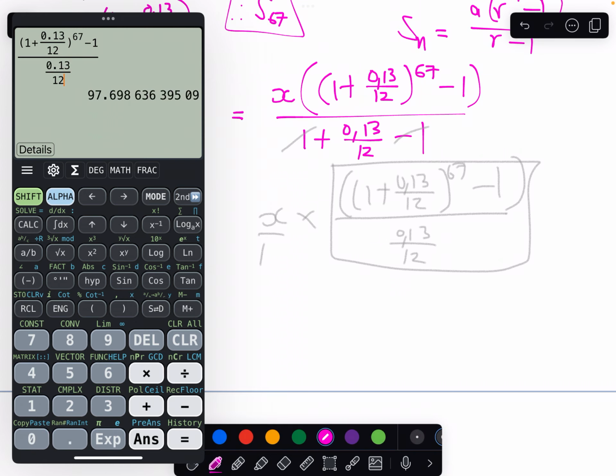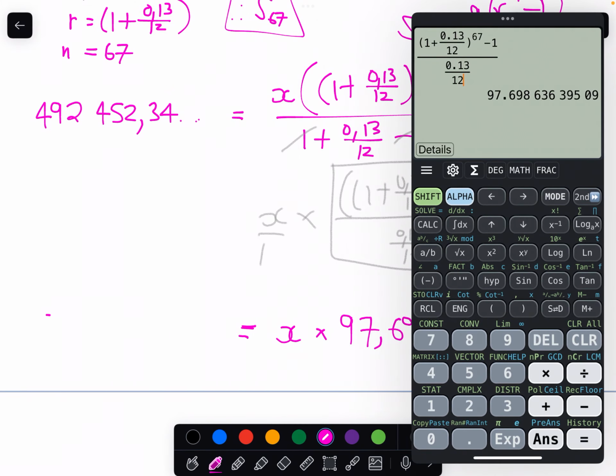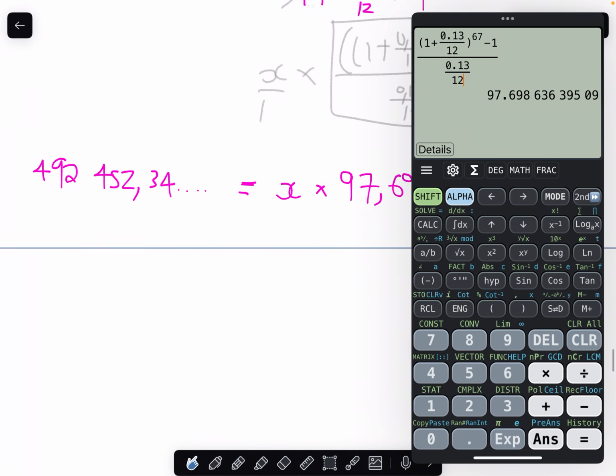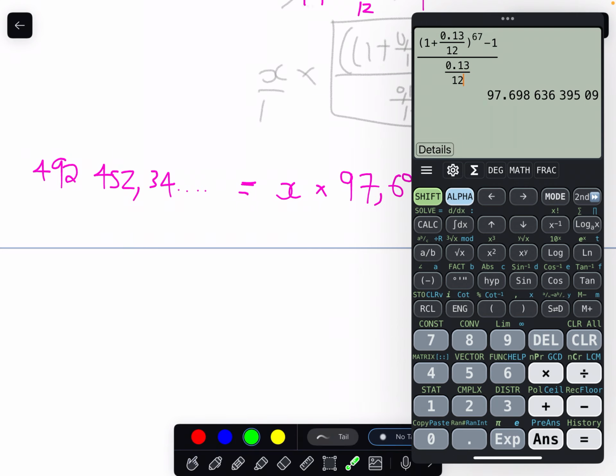So that is x times 97,69 and so on, and that has to be equal to 492,452,34 and so on. To get x by itself, I'm going to divide both sides by this number.